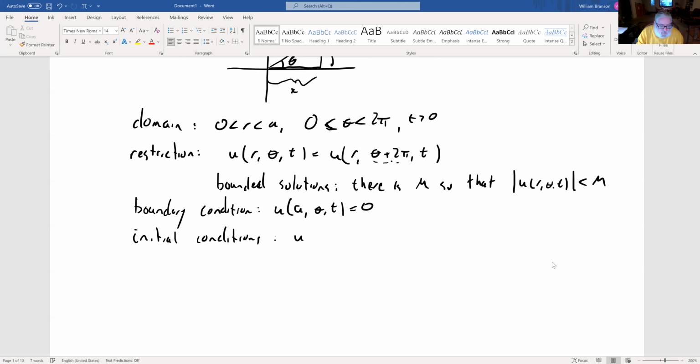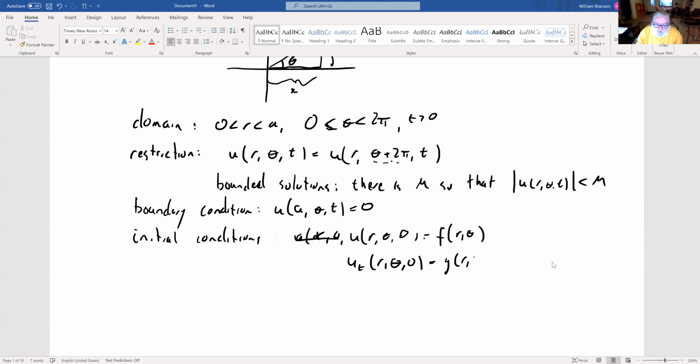So when t equals 0, u of r, theta, 0 equals some function of r and theta, and u_t of r, theta, 0 equals some other function of r and theta.